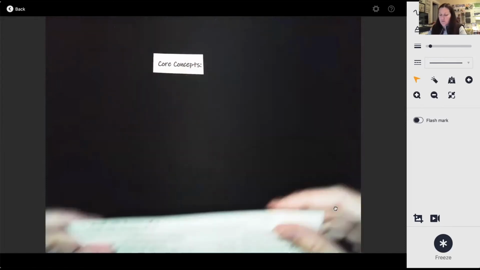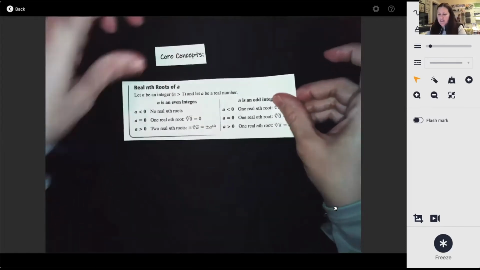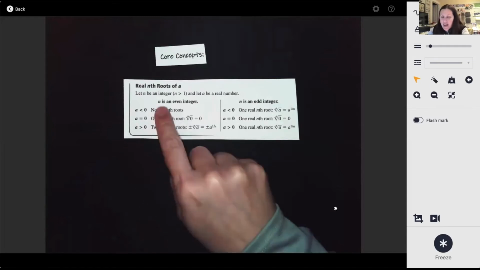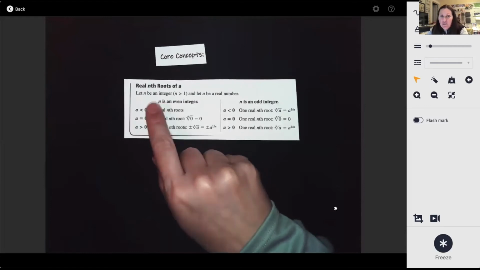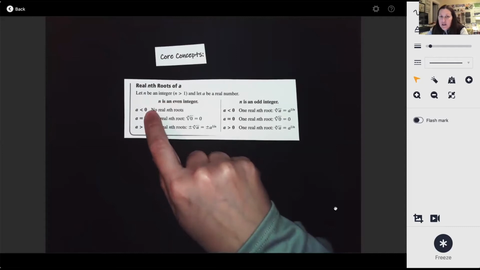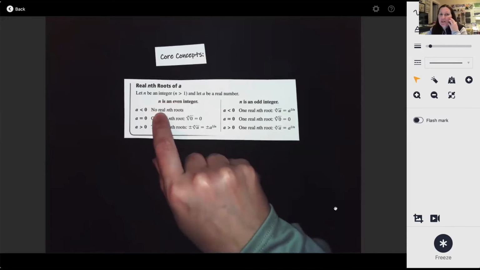All right. So then we need to talk about some core concepts here. The main thing when we're dealing with the nth root of a, n is an integer greater than 1, remember that, and a has to be a real number. So no imaginary numbers there. If you're taking an even root, and a is less than 0, so it's a negative number, you cannot have an nth root.